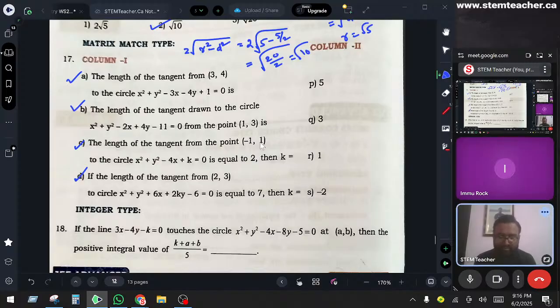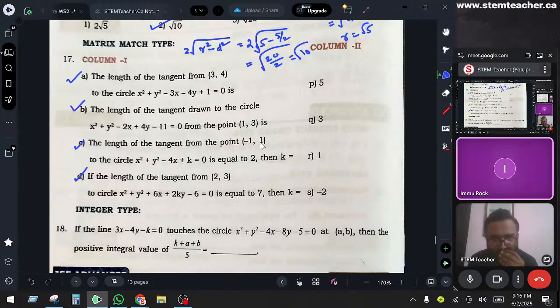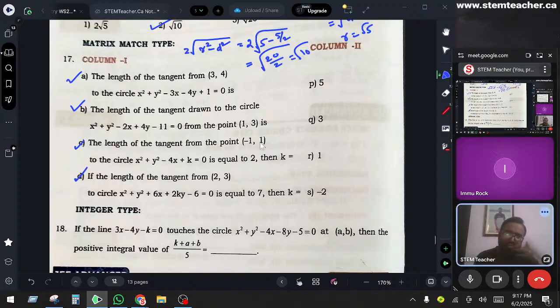Root s1, is the square root s1? No, the square root s1 s11. Direct. Direct.